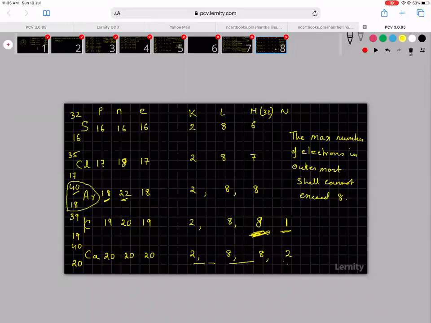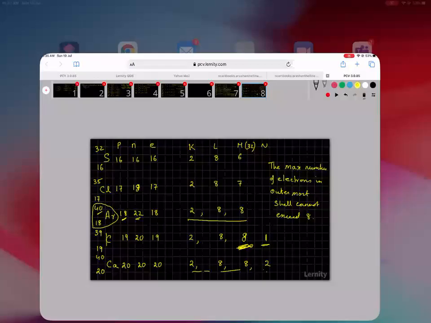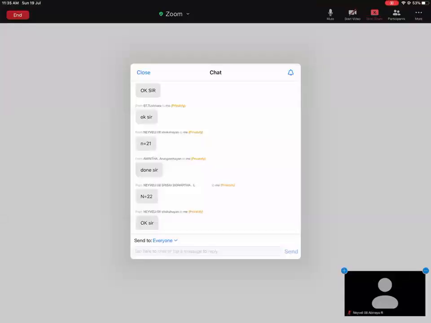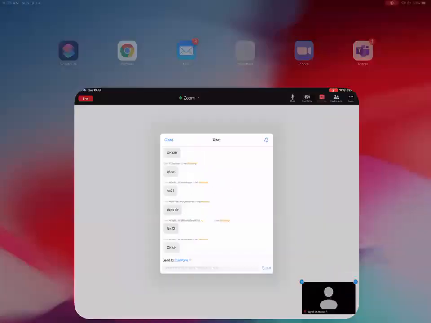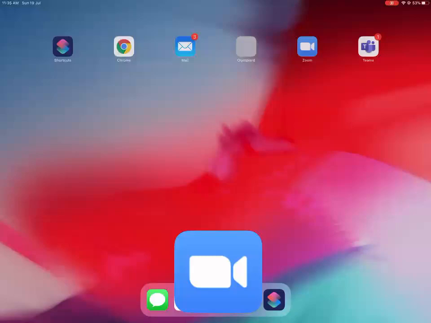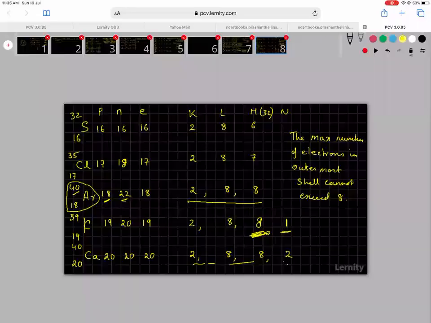So if you are reading some book where argon is given as 39, it's not wrong. That is also fine, you write 21. I have no problem. But our electronic configuration will not change because of that. So I'll continue to write what is given in my book or what I have learned.